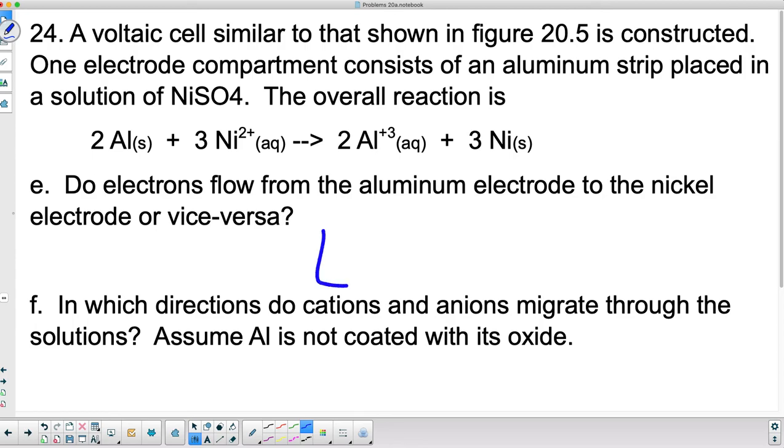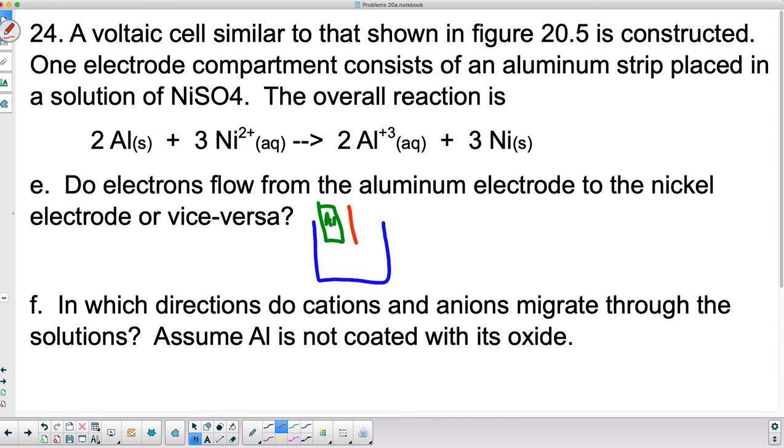If we have one of these, let's say that's aluminum. Let me try this again, see if I can make this a little bit easier to understand. Here's aluminum because it's green, and that means it's the anode, which means it's the oxidation.